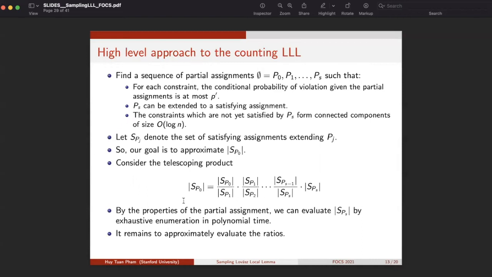We can actually evaluate S_PS exactly by exhaustive enumeration in polynomial time, because the formula at that point breaks into connected components that have logarithmic size. So it only remains to evaluate these ratios. And towards this goal, we will use a generalization of a very nice method of Moitra that tries to evaluate these ratios by setting up a linear program.